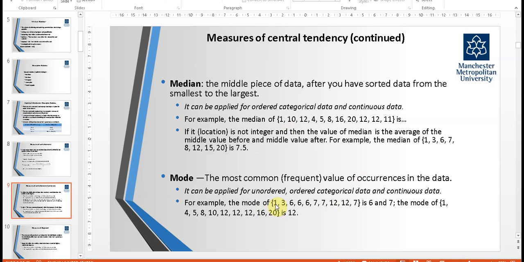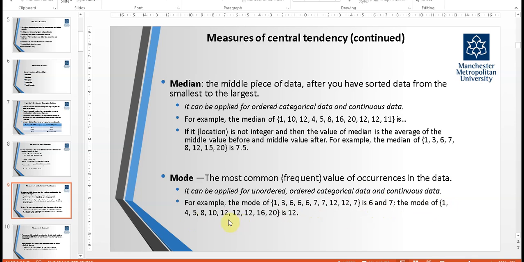In this case here, we have 1, 3, 6, 6, 6, 7, 7, 12, 12, 7, and we could see that 6 appeared 3 times, 7 appeared 3 times as well. 12 appeared 2 times, 1 and 3 both appeared only once. So the most frequent values are actually 6 and 7. So the mode for this series of data is 6 and 7.